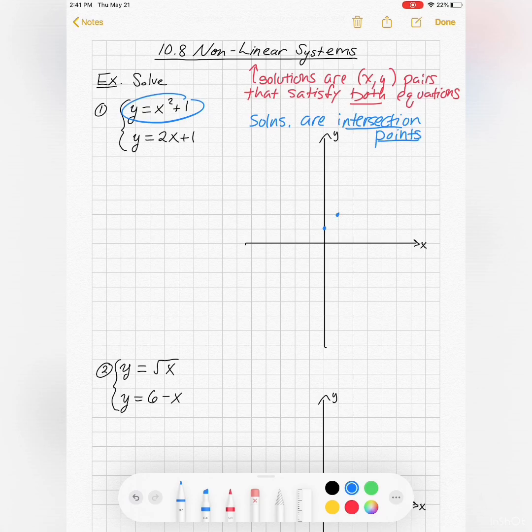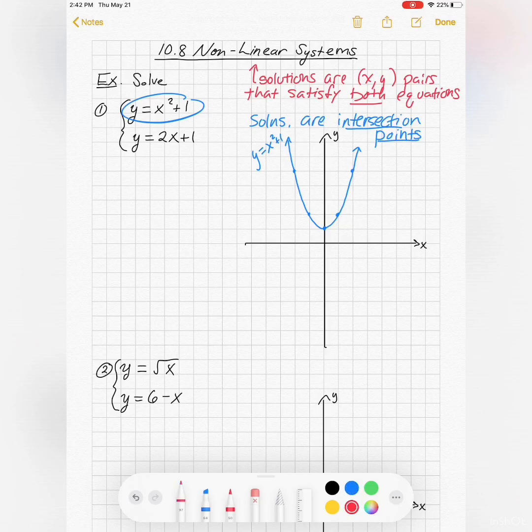If I plug in 2, I get 4 plus 1 is 5. And then this guy's symmetric over the y-axis. So there's the first graph.